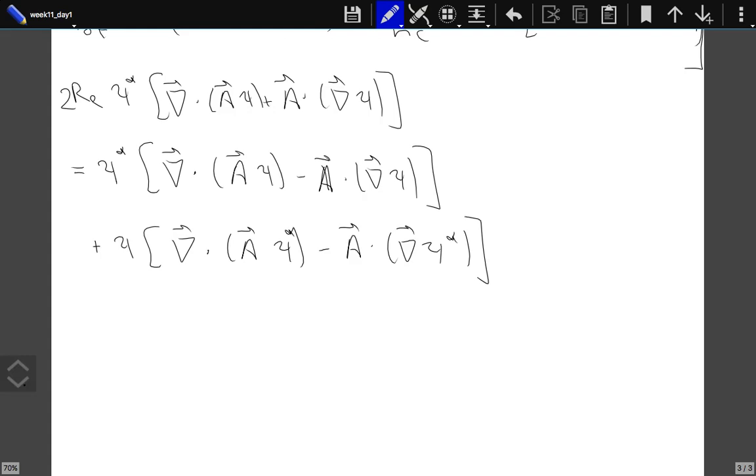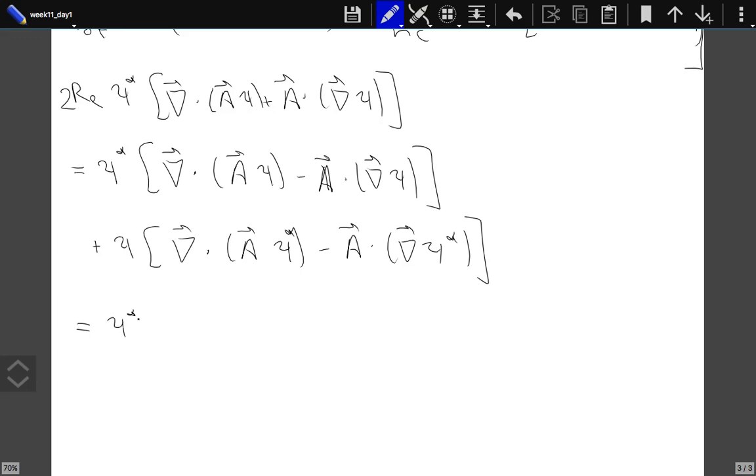Now I need to simplify this and write it as the divergence of something. Let me first write it in terms of components to see how to simplify it.